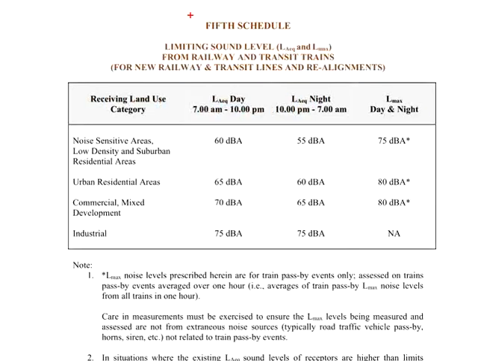We come to the fifth schedule. This one is for railway and transit trains, applicable for both new railway and transit lines and realignment. In this case, there is one additional column representing the maximum permissible instantaneous maximum sound pressure level. This is meant for the transient pass-by noise as the train passes by.